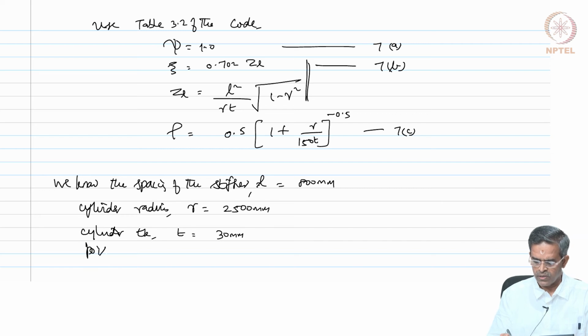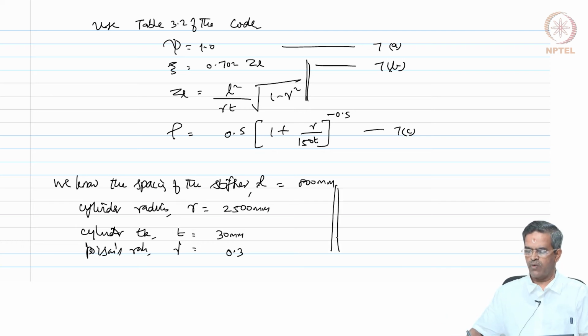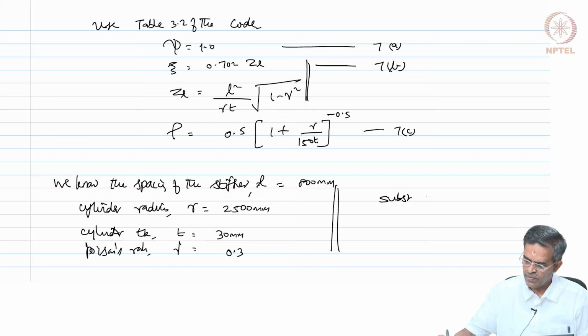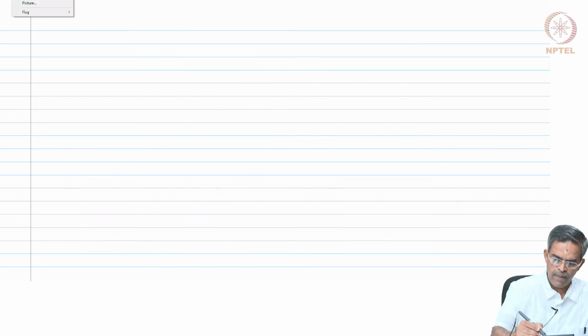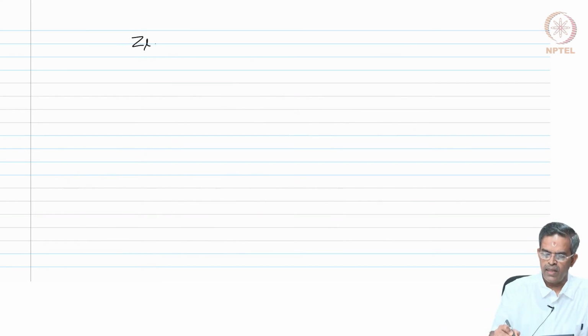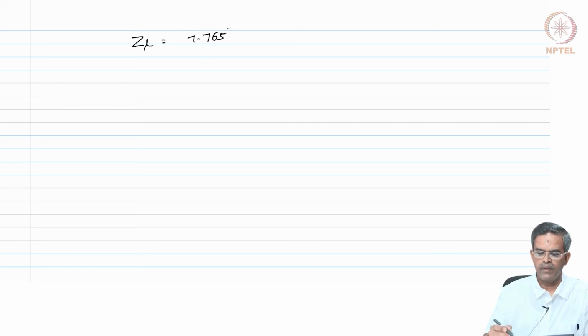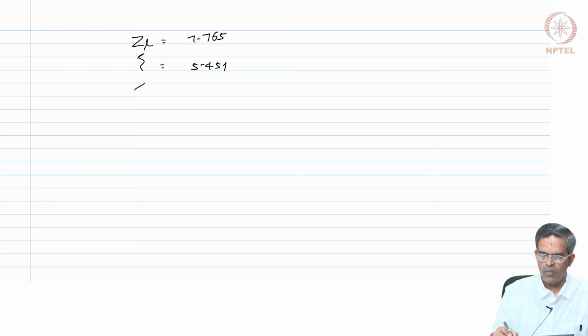We also know the Poisson's ratio, which is nu, which is 0.3. Now, substituting this in equation 7, we get ZL as 7.765, zeta as 5.451 and rho as 0.401.